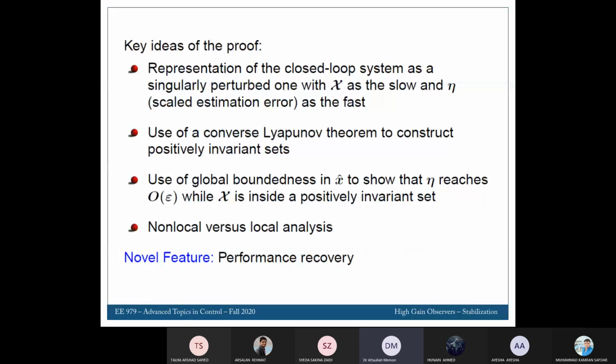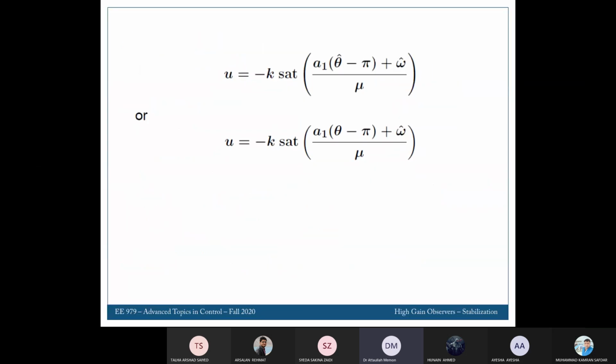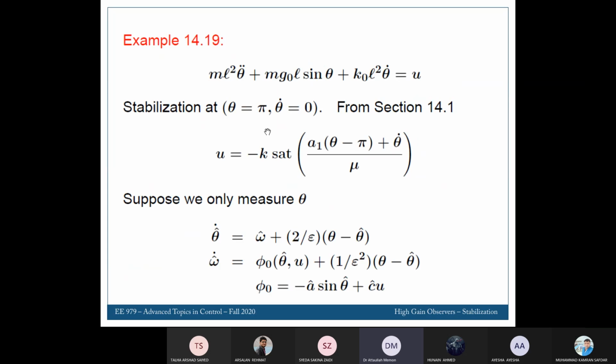It explicitly shows that the output feedback controller, which is given here, can recover the performance of the state feedback controller. Remember that with the state feedback control, the actual states are being fed in through measurement or through actual connections.